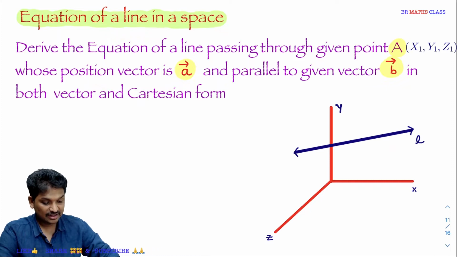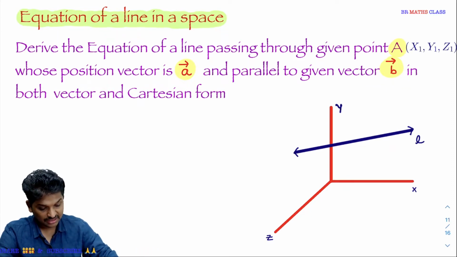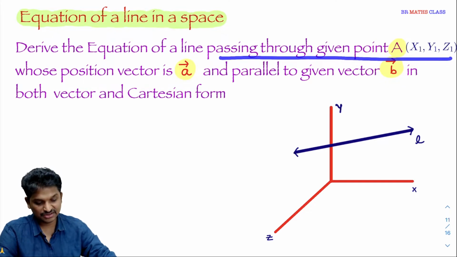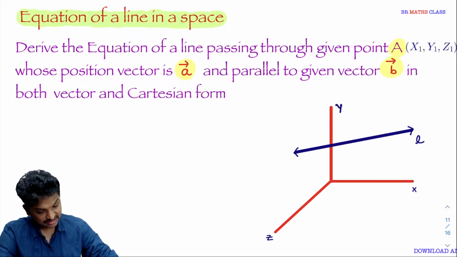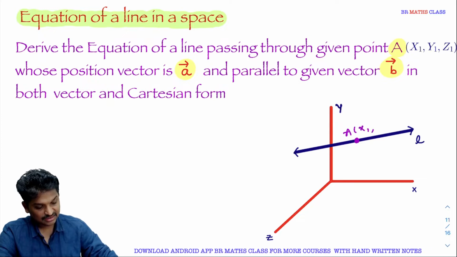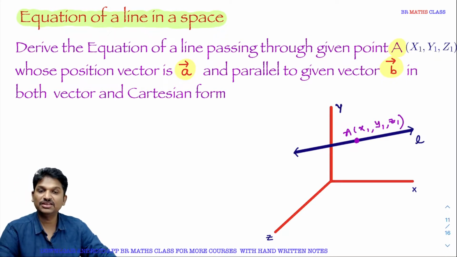This line L is passing through point A. Look here, there is a line which is passing through point A. I take A as x1, y1, z1. X1, y1, z1 is point A, whose position vector is A bar.